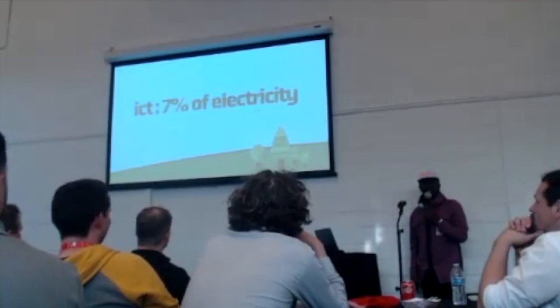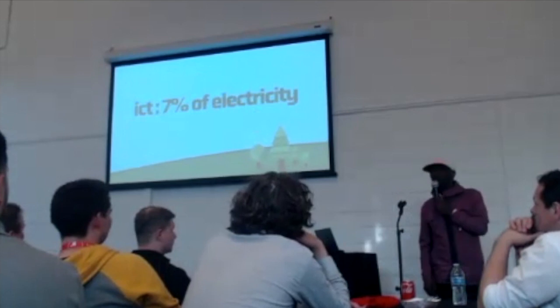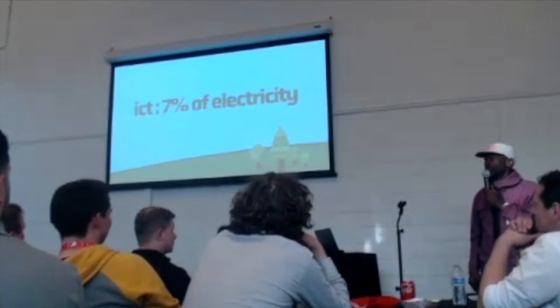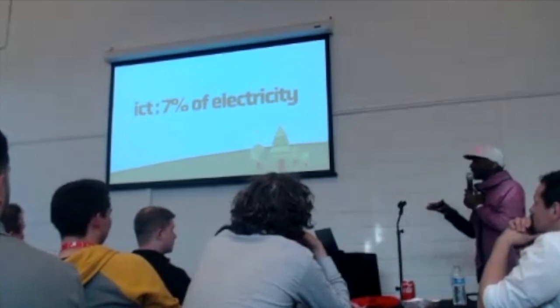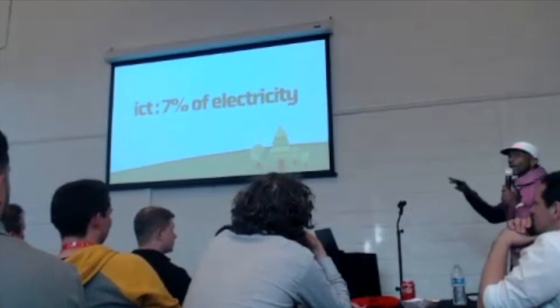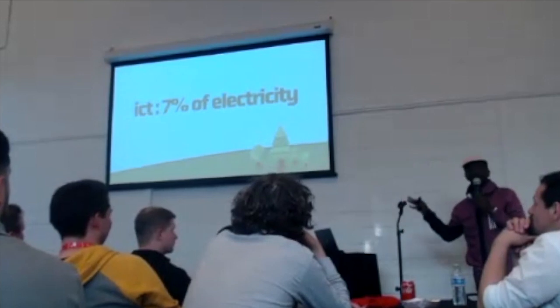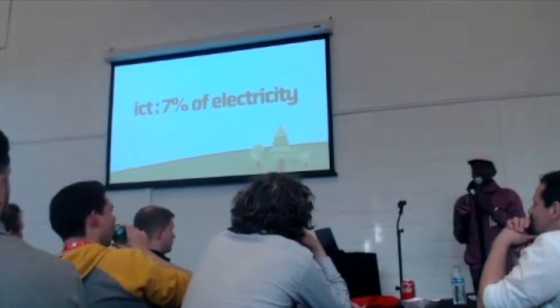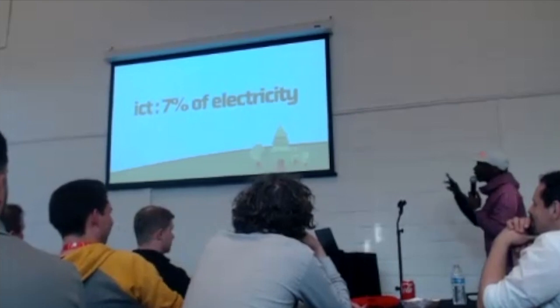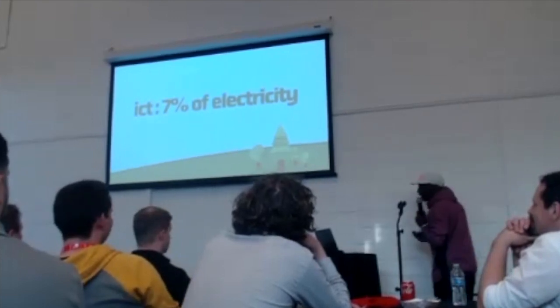In fact, ICT is eating up 7% of the electricity across the globe right now, if you add it all up. And again, do not come back and tell me that it's 7.1 or 6.9. I'm telling you it's complicated. All right. So someone tomorrow is going to say, oh, that was wrong.